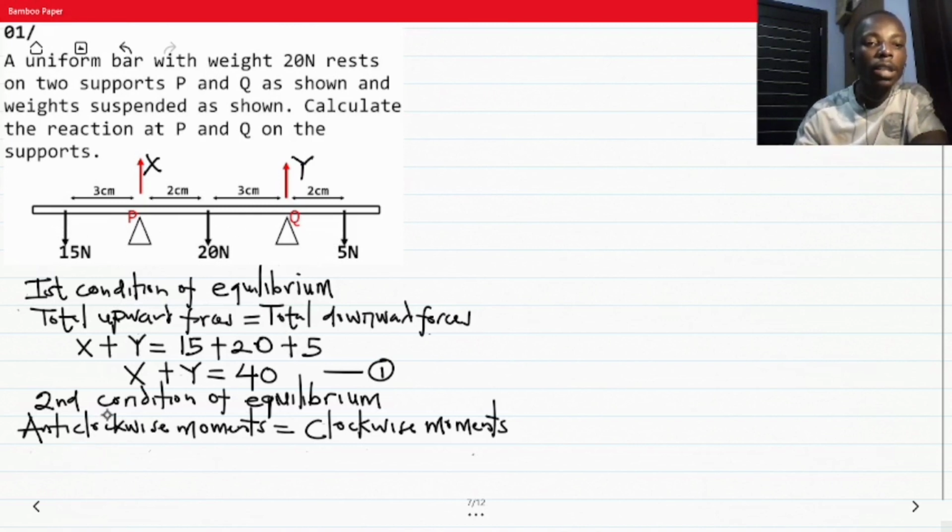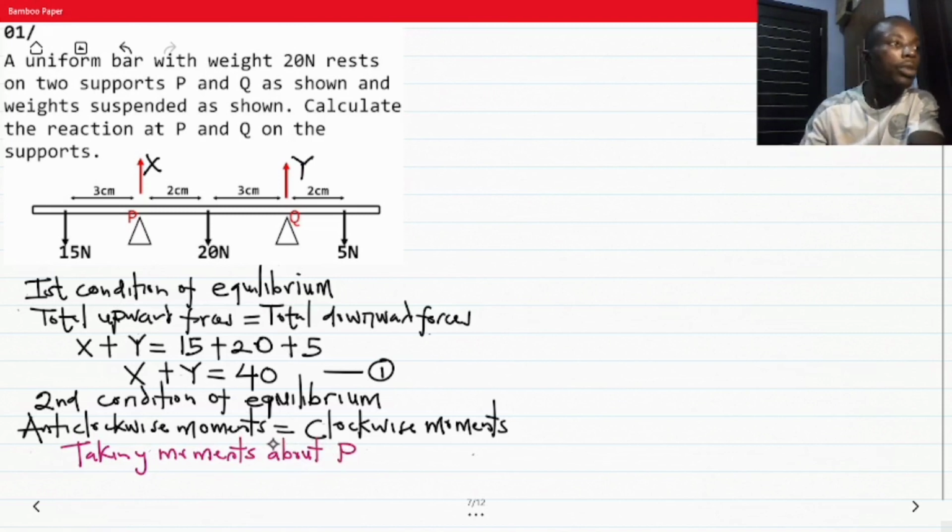Now to find the moment, I can either find the moment about this pivot P, or this pivot Q. Either way, I'm going to have the same answer. So I'm going to take moment about P.